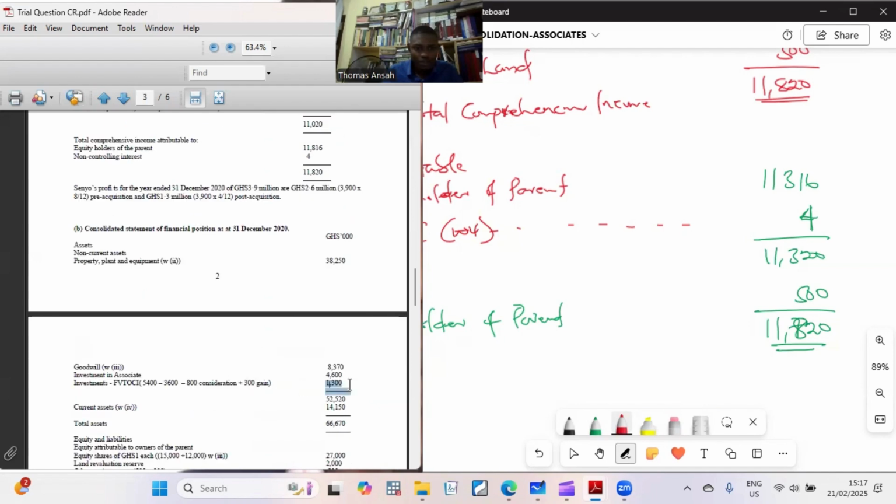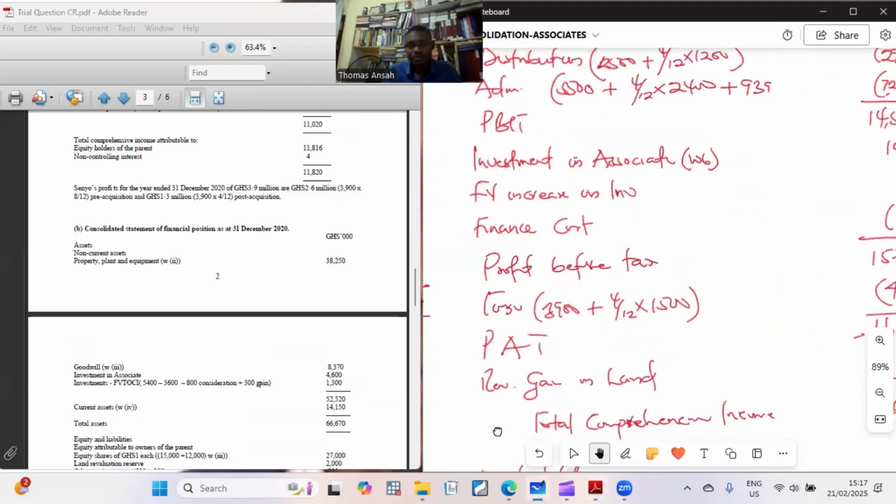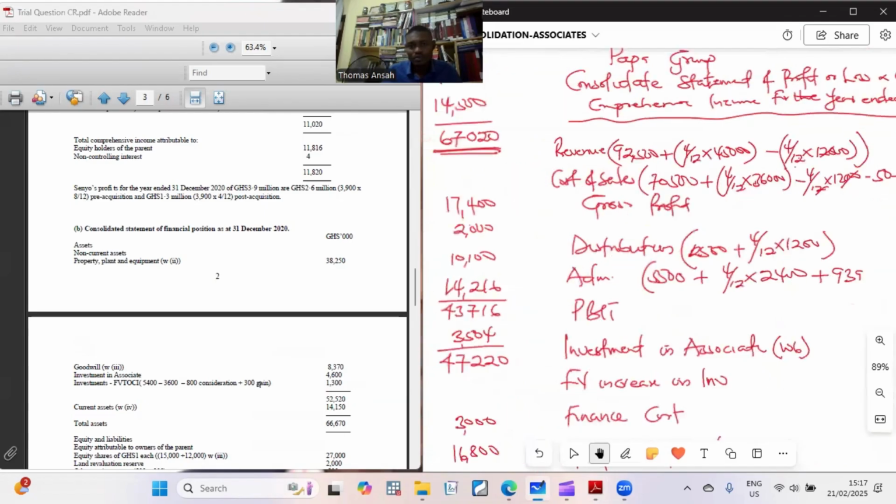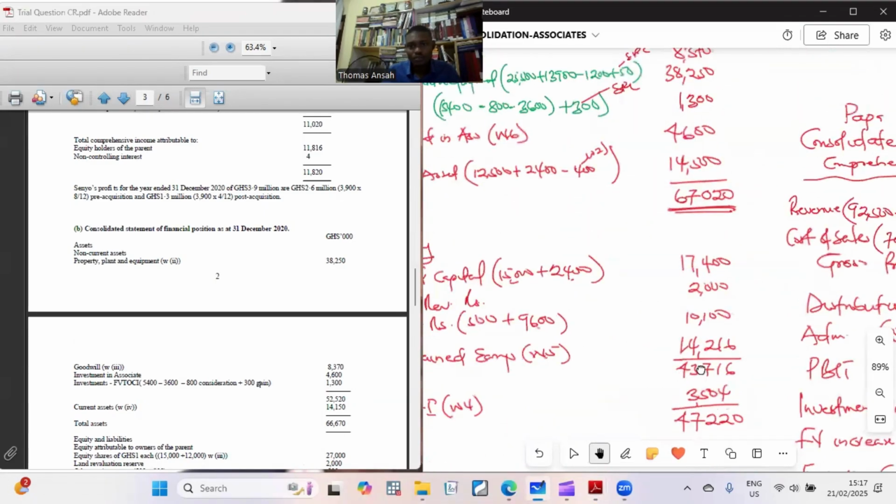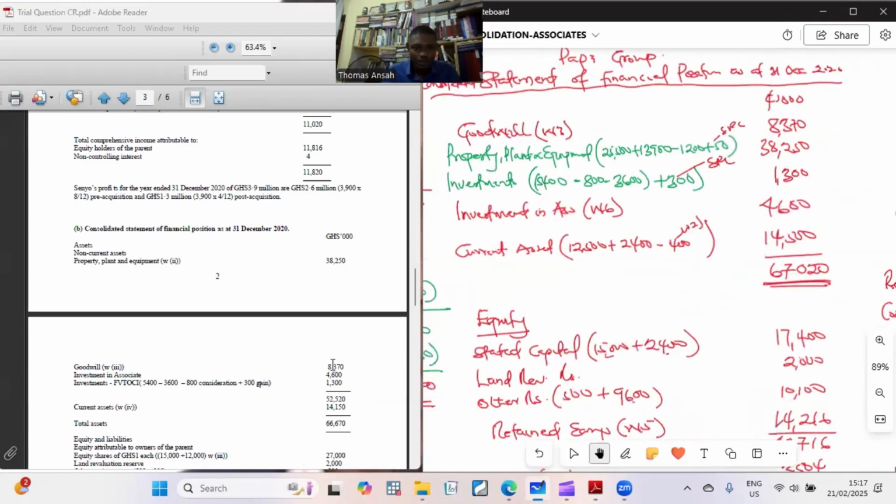Yeah, this one too is correct. I think we had same, right? Balance sheet. Yeah. They've done well with this. This is also good. I think up to this point, it is okay.